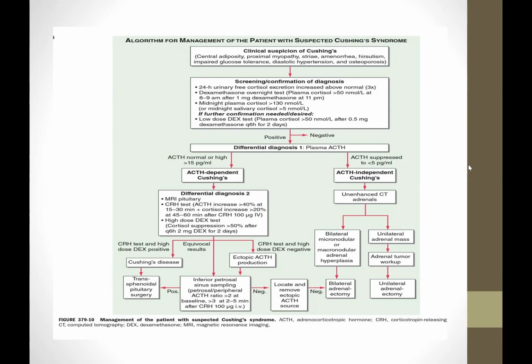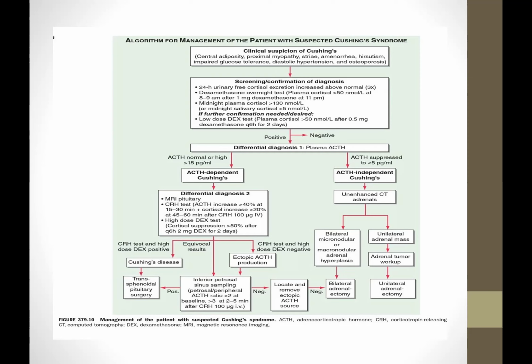We have to establish it by excluding an exogenous source, by asking the history of any steroid abuse, and we will screen the patients, and later we will establish the hypercortisolism by 24-hour urinary free cortisol, or dexamethasone overnight suppression test, or midnight plasma cortisol, or low dose dexamethasone suppression test.